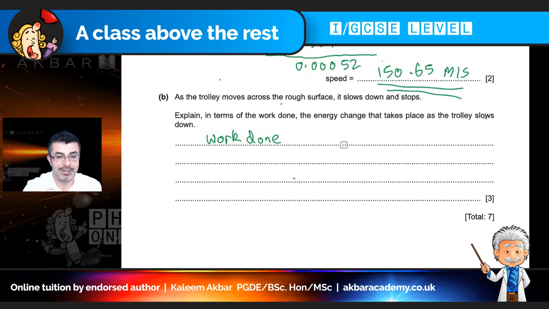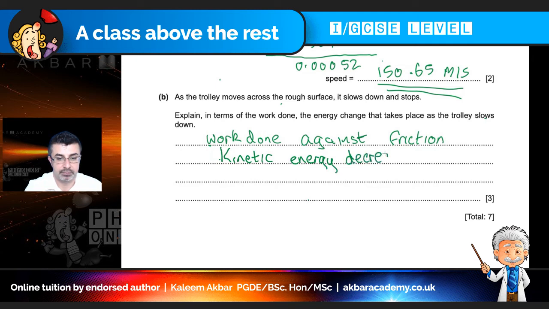Kinetic energy decreases. Thermal energy produced.